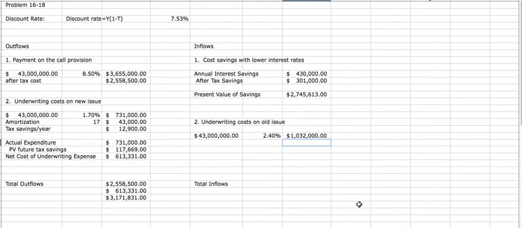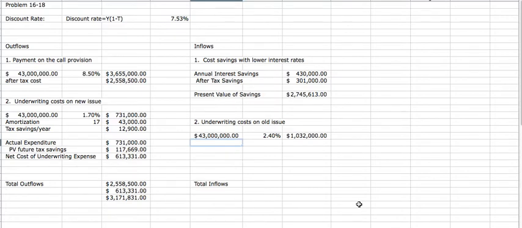The original, let's just check that real quick. Bonds have 17 years left to maturity, and they've been outstanding for 7 years. So we've had these bonds for 24 years. We had to amortize 24 years worth of this number each year. That comes out to be $43,000 a year. That's $1,032,000 divided by 24 years. And we had 7 of those already amortized.